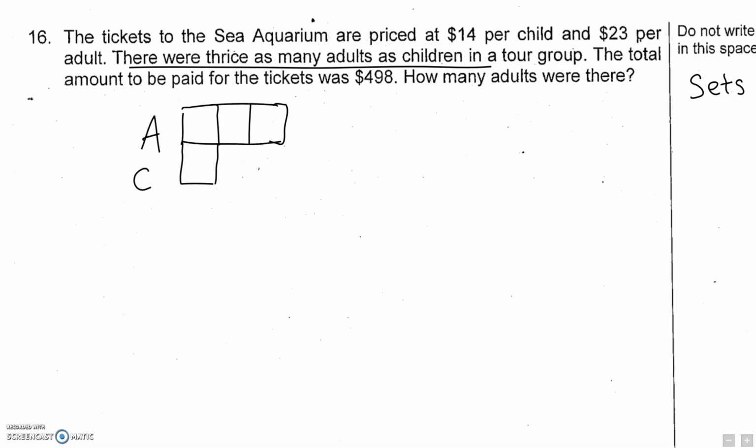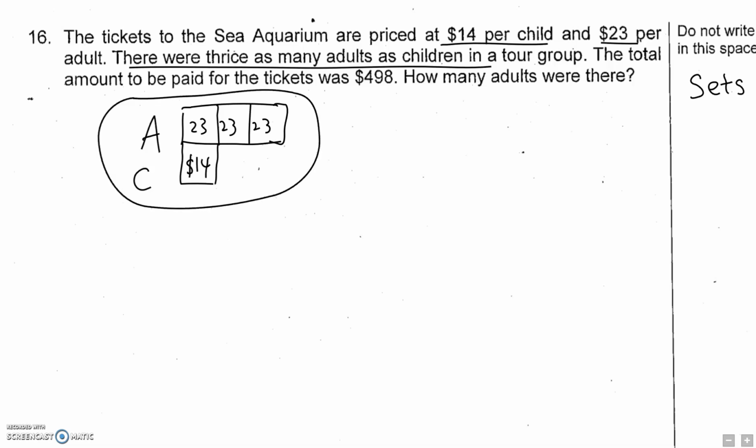Okay, now you notice that let's take for example, one child has to pay $14, which is what is written over here, and $23 per adult. So 23, 23, and 23. Okay, now since there are thrice as many adults as children, it seems to suggest that every group is made up of 3 adults and 1 child.